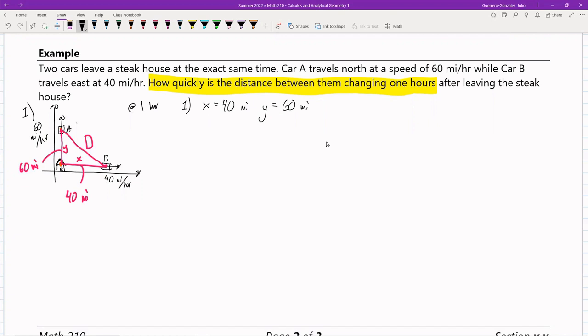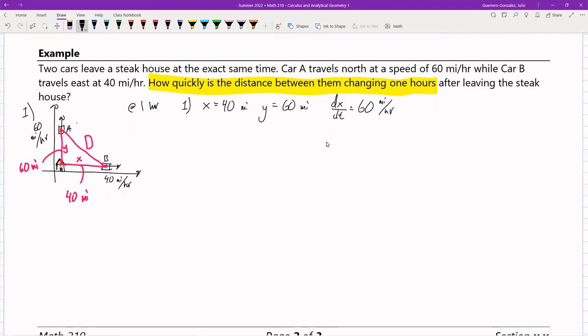Here comes the fun part. We have to now denote some of the calculus that we need to write down. We have dx over dt, the rate of change in how fast car B is moving. This is the 60 miles per hour.